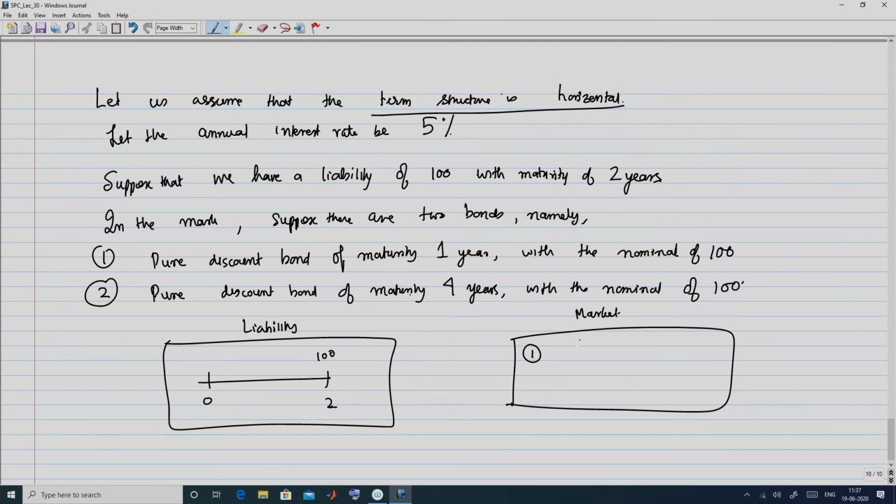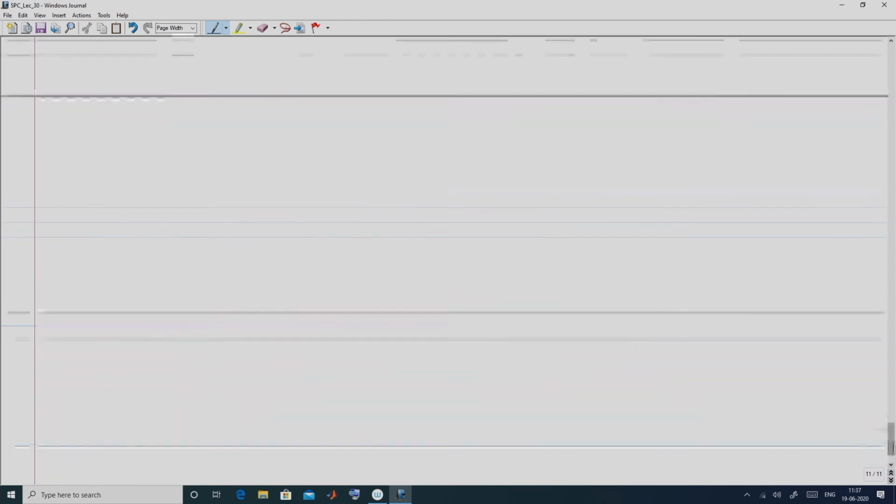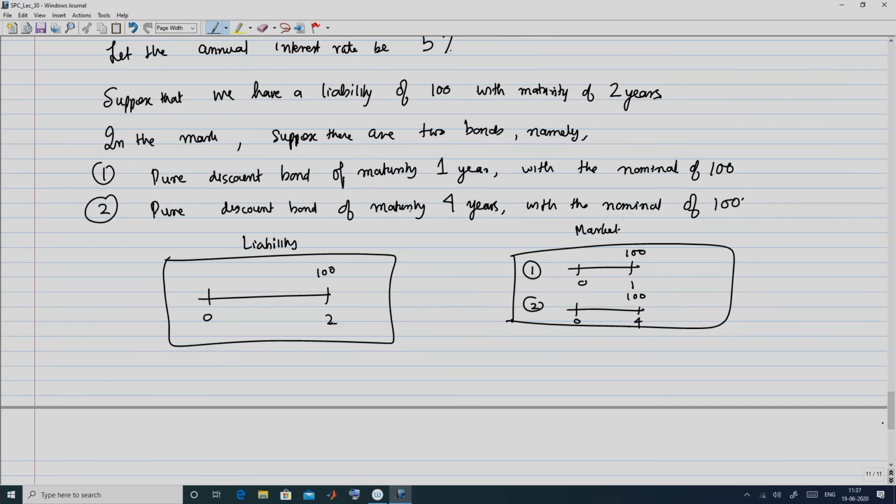The first bond is of maturity 1 year with a nominal of 100, and these are pure discount bonds, and the second one has a maturity of 4 years. Now, what am I supposed to do here? Why am I calling it hedging? The reason is that I have a liability of an amount of 100, and as I will shortly write, I start off with an amount of 90.70.